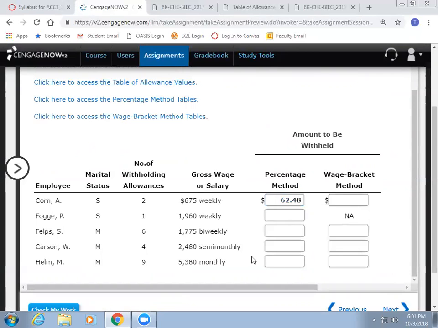Okay, so it's a long method, right? There's a lot of steps. So always make sure you calculate their total allowances first and subtract that from their gross pay. That's what we did first. This person was single with 2 allowances, so we multiplied the weekly allowance by 2, subtracted that from their gross pay, and then this is the amount we looked up in the table.